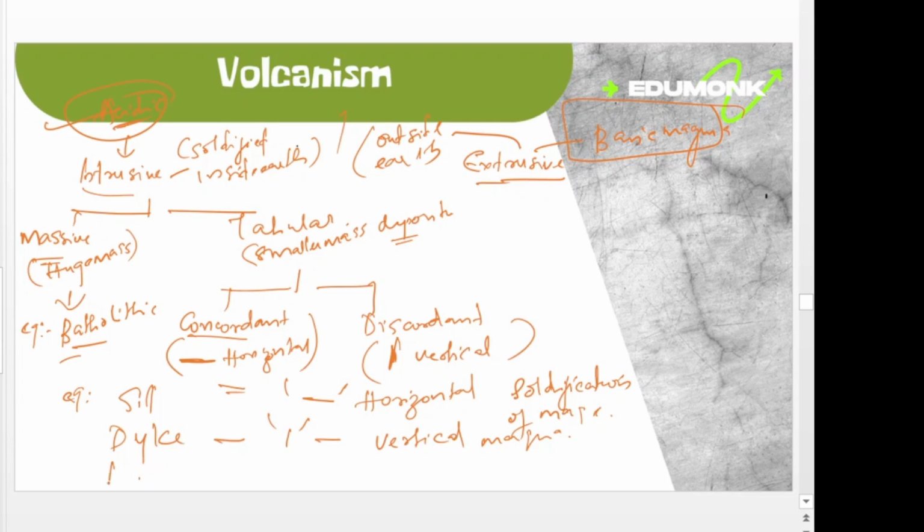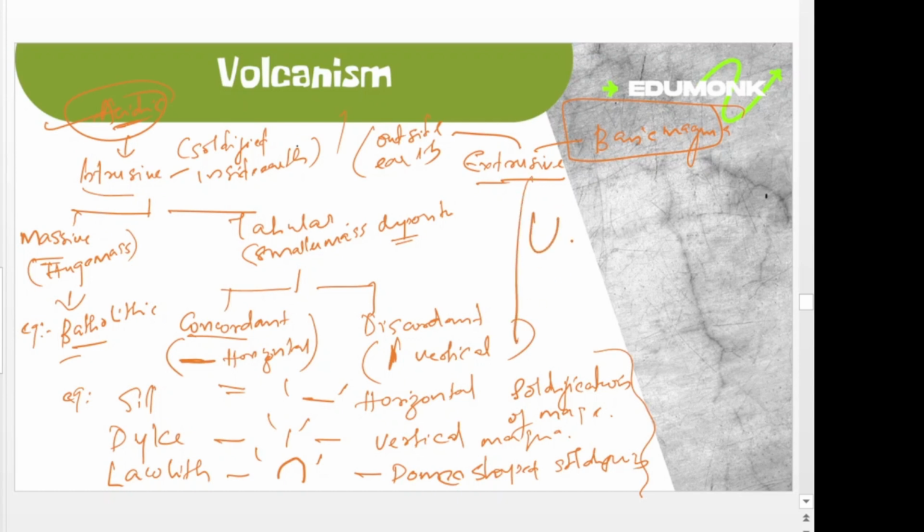Then laccolith. This is dome-shaped solidification. Then lopolith.